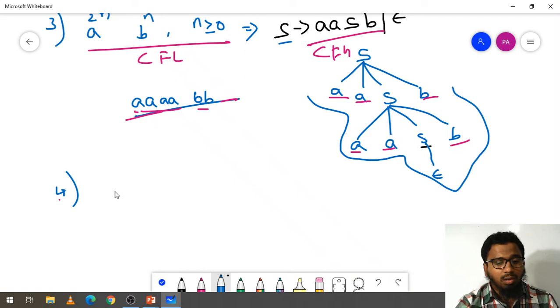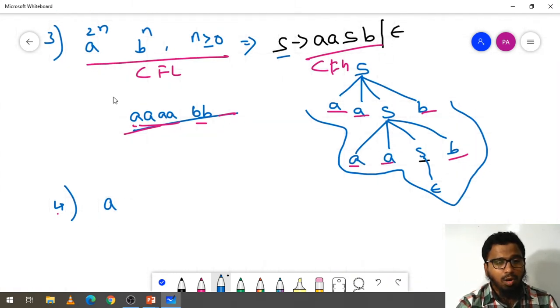Okay, we need to take another example. Fourth one, a^(2n+3) b^n, same thing, just I am adding here 3, and b^n as it is, n greater than or equal to 0.